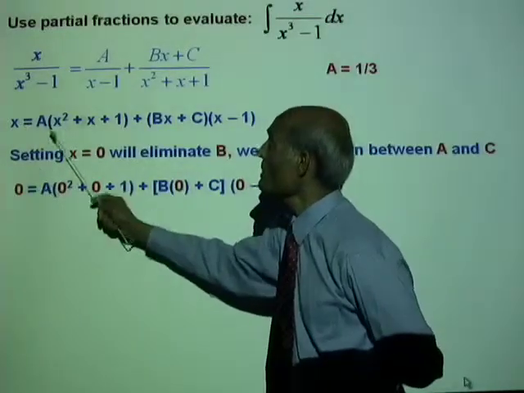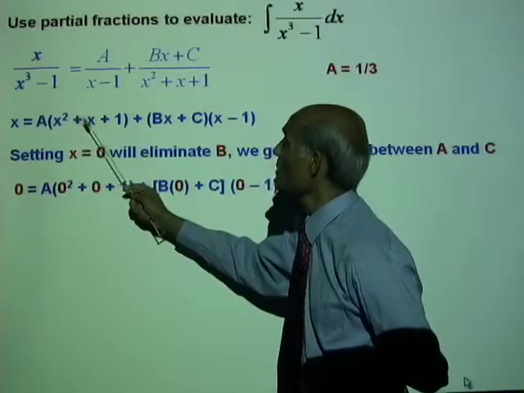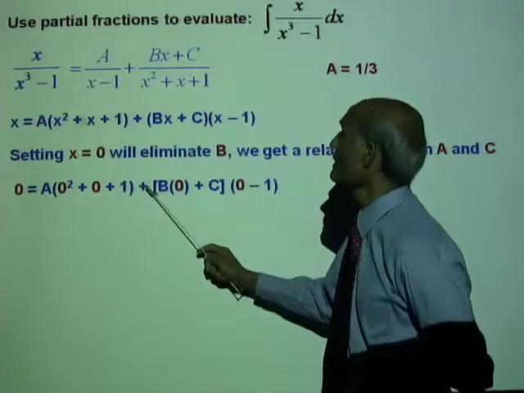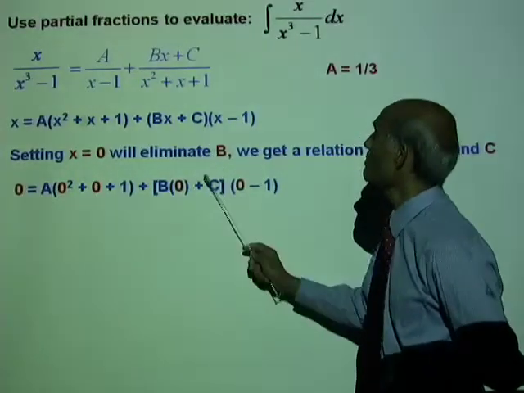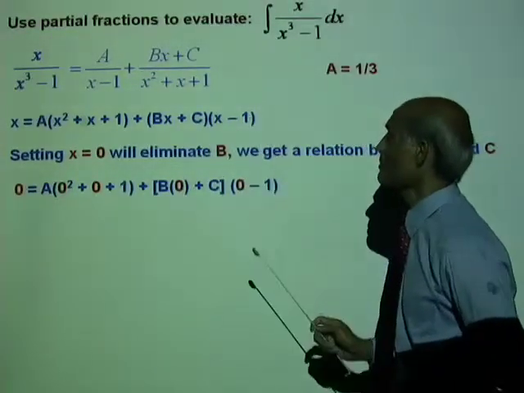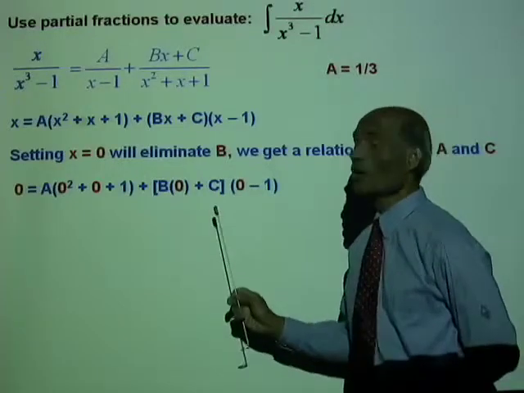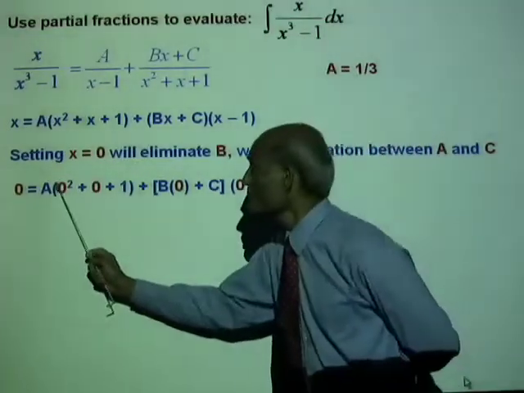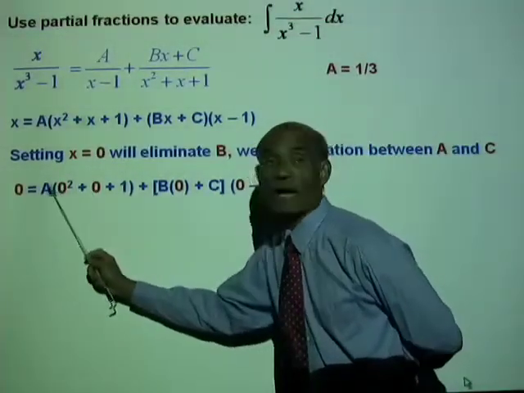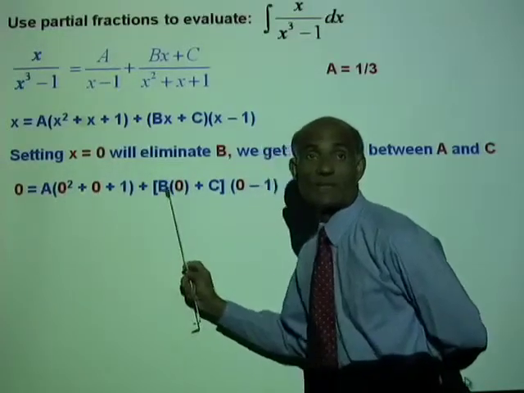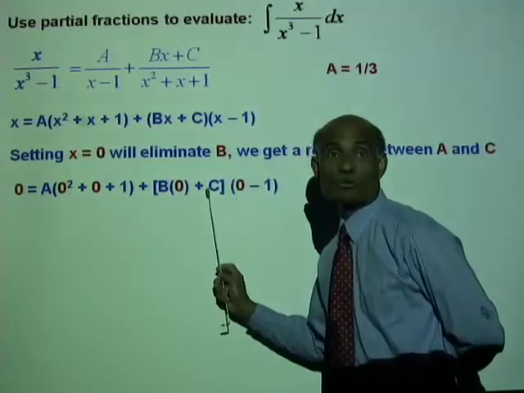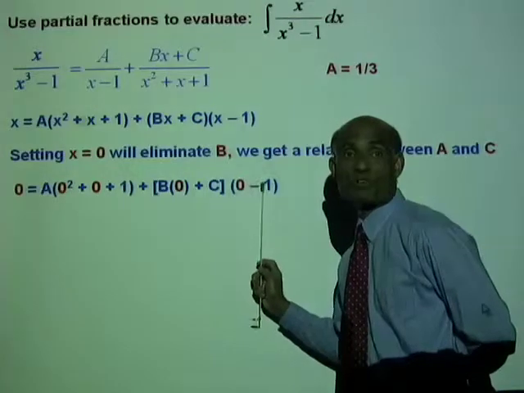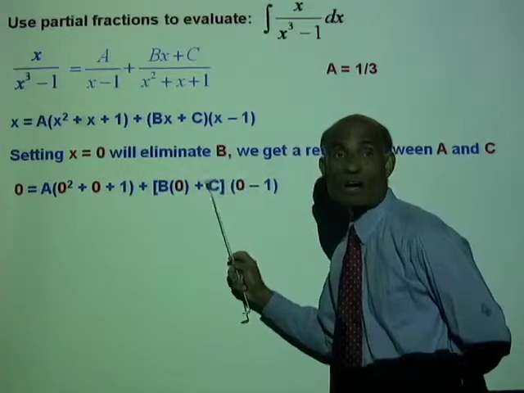That gives you 0 equal to a times 0 plus 0 plus 1, plus b times 0 plus c, times 0 minus 1. Now, what do these things amount to? This will be 1a, that will be a, and b will go, and this will be 0 minus 1, negative 1 times c.